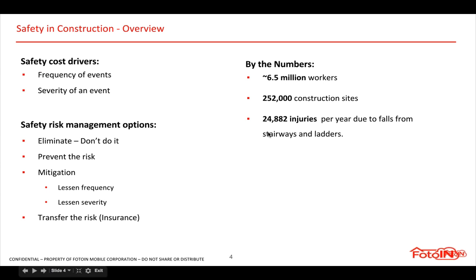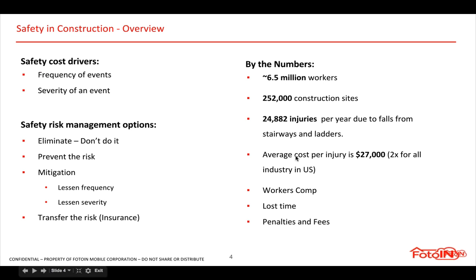And this is just due to falls from stairways and ladders, just as a reference point. There are obviously other types of injuries, and the average cost of an injury in construction is $27,000, which is actually twice the amount of the overall industry in the U.S.